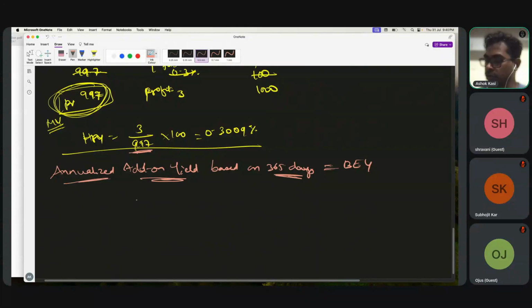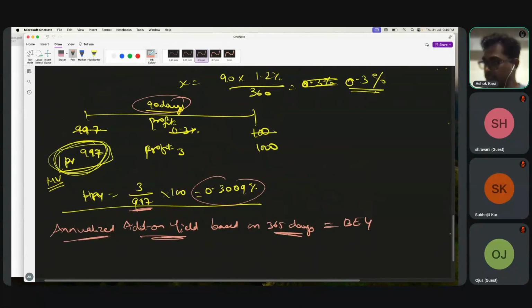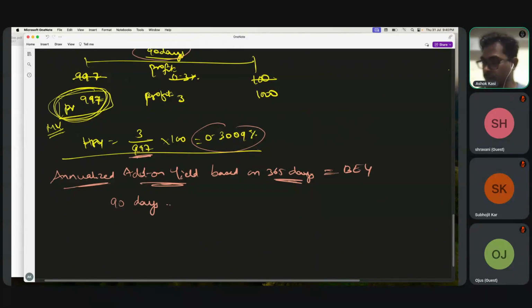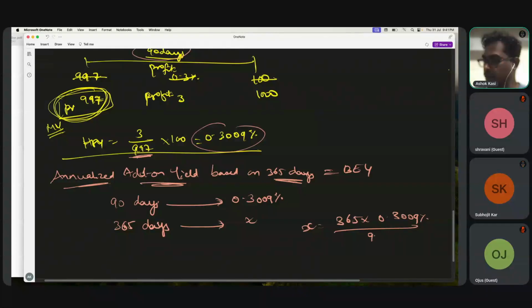So let me calculate bond equivalent yield now. How do I calculate? In 90 days, 0.3009 percentage. So in 365 days, how much will it be? 365 into 0.3009 percentage divided by 90. 1.2203 percentage.